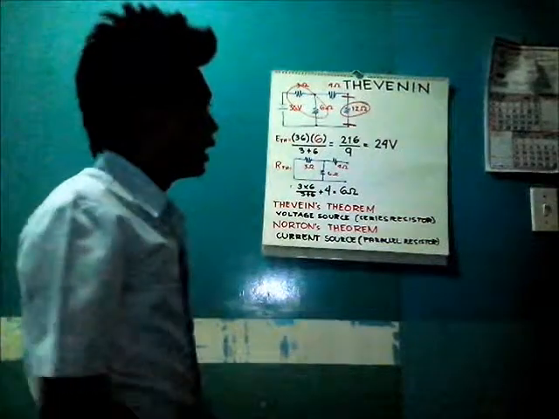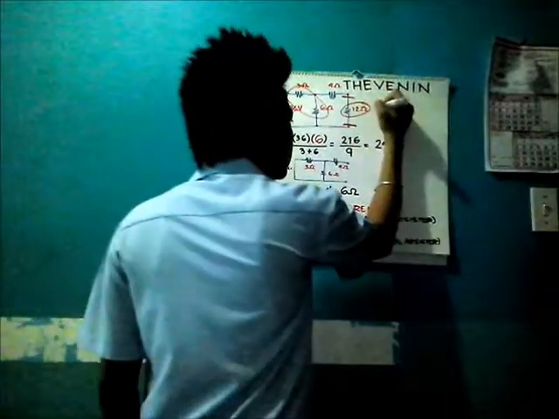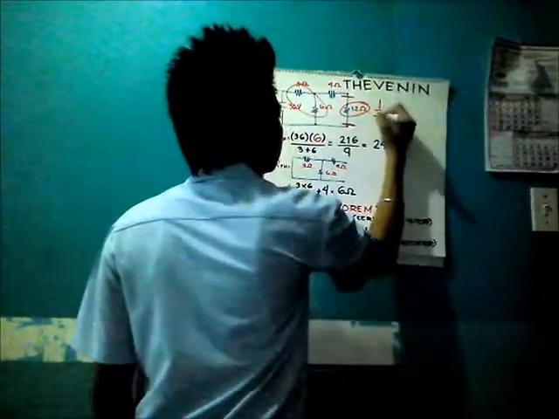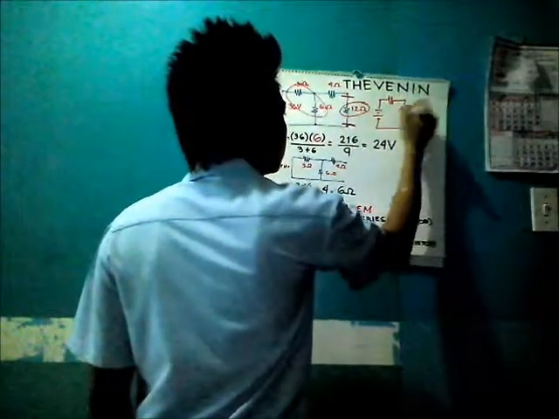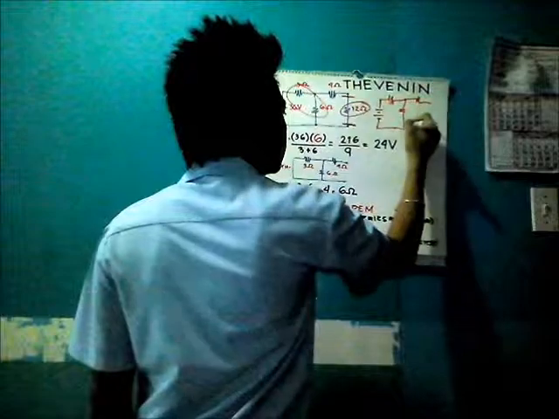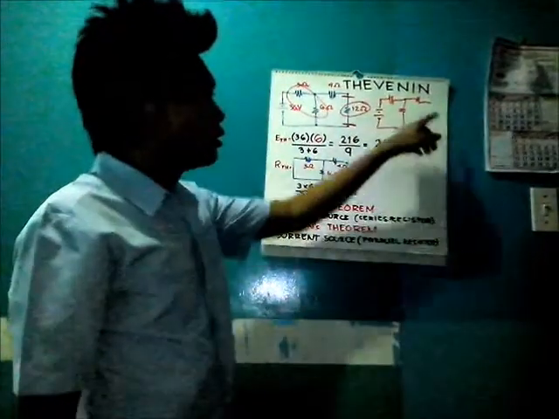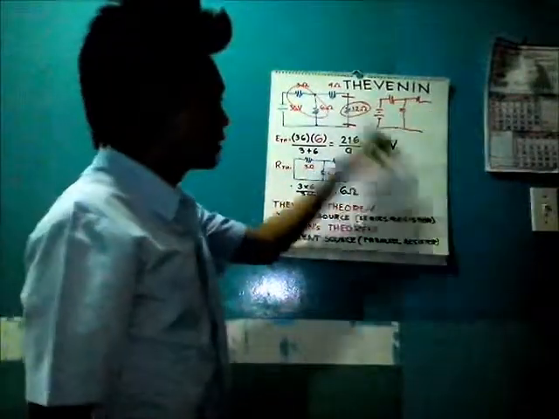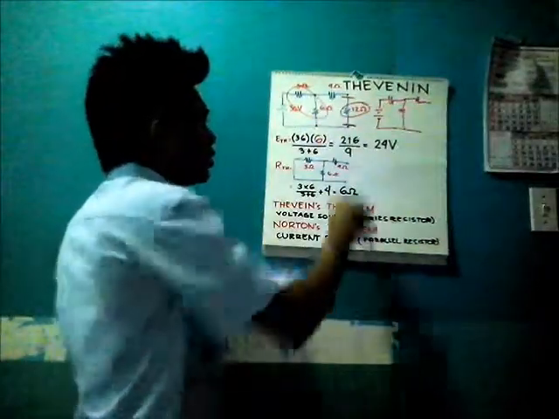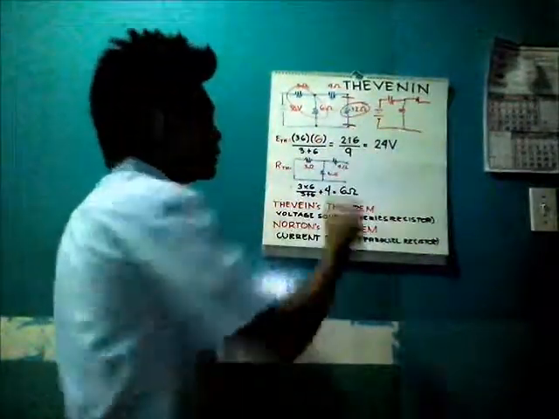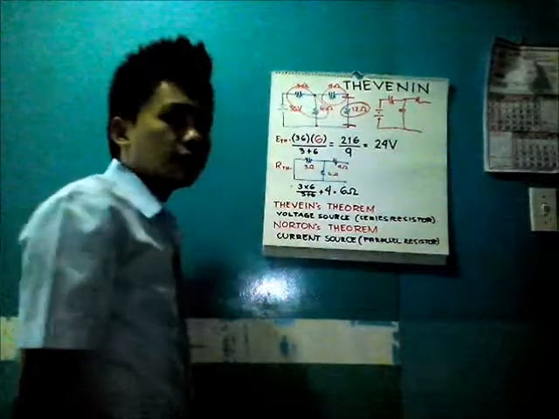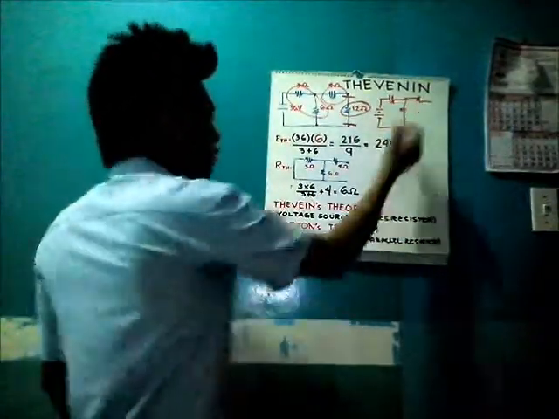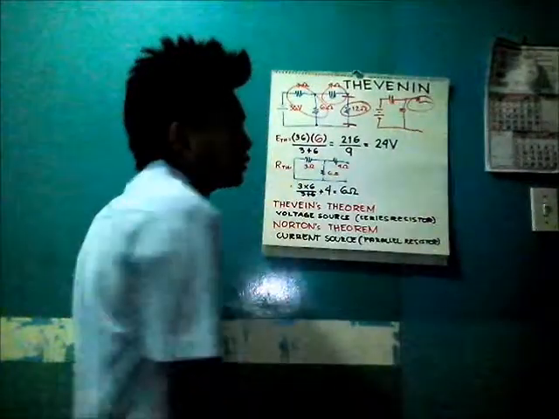So we will have a different diagram where our load is removed and the circuit is open. That's why we won't use the resistor 4 in our total resistance, because it's already open over here.